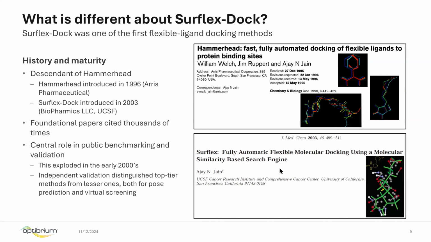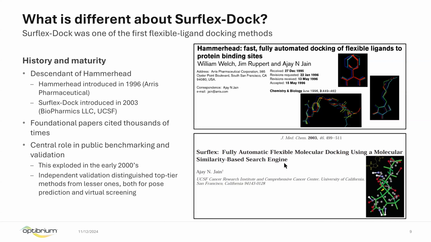Hammerhead was largely automatic. Surflex has always been fully automatic in terms of every aspect of the docking workflow. These papers and the related papers around Surflex and Hammerhead have been cited thousands and thousands of times if you look at the collection across all of the methodological papers that we've published.